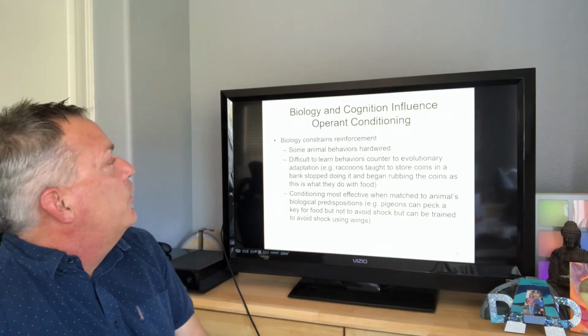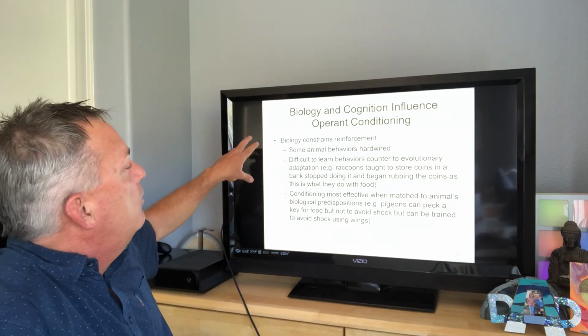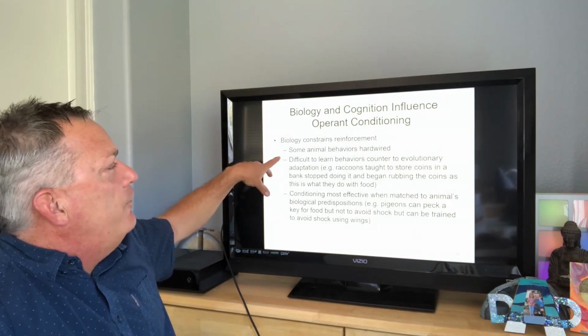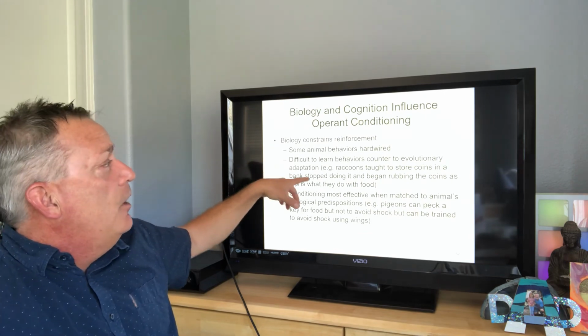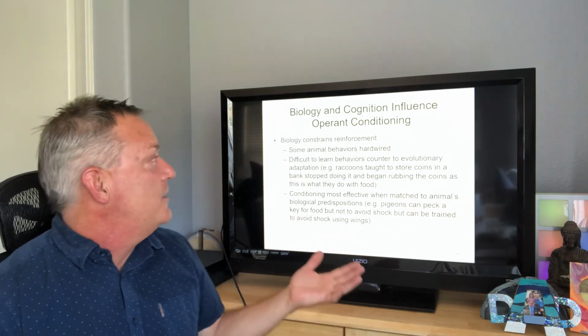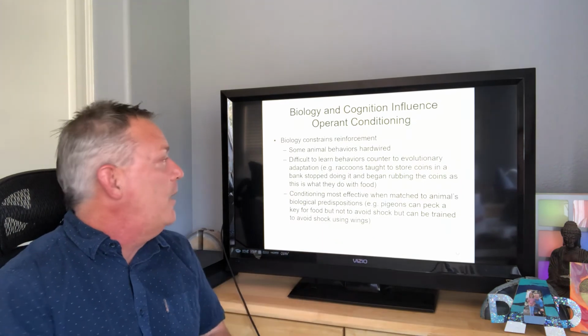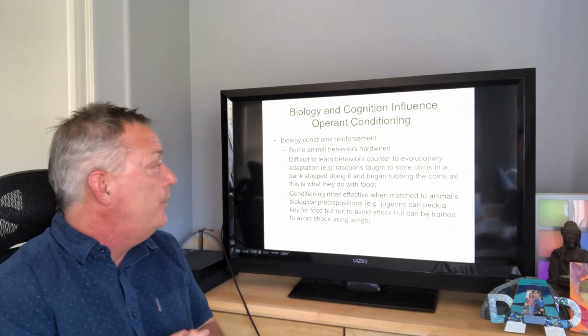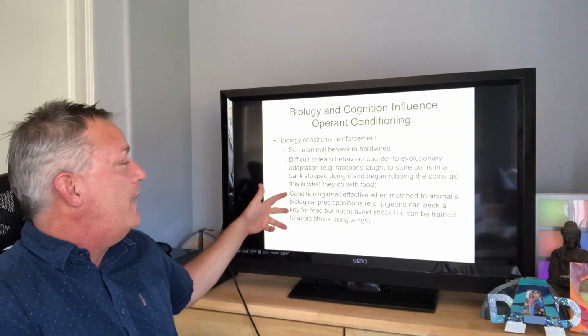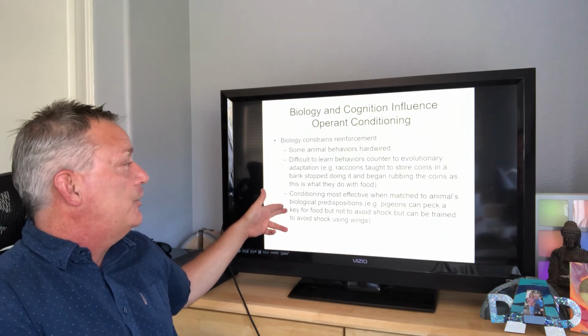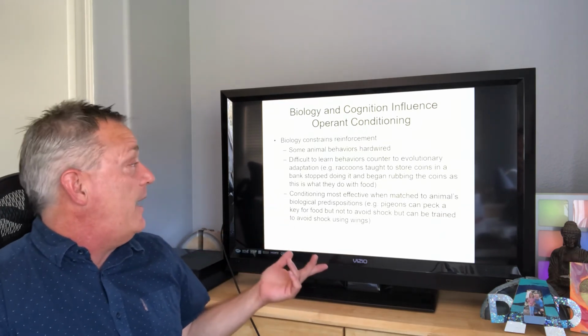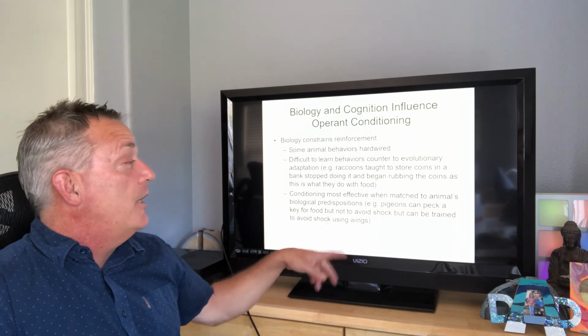Biology constrains reinforcement. Some animal behaviors are hardwired. It is difficult to learn behaviors counter to evolutionary adaptation. Raccoons taught to store coins in a bank stopped doing it and began rubbing the coins. Is this what they do for food? Conditioning is most effective when matched to the animal's biological predispositions. Pigeons can peck a key for food, but not to avoid shock.